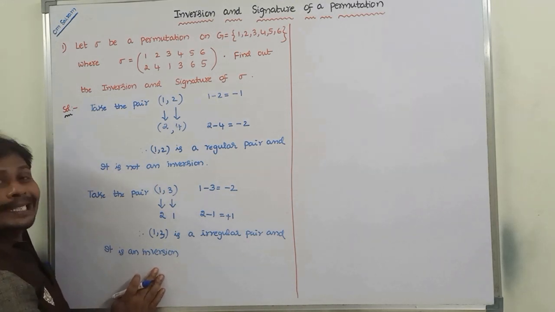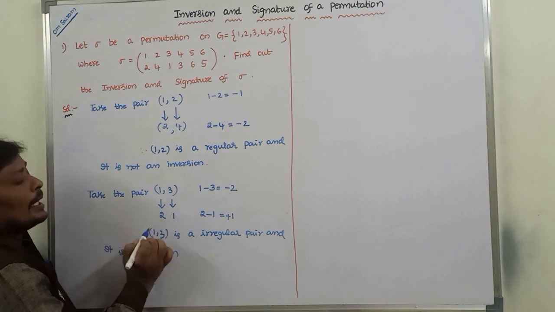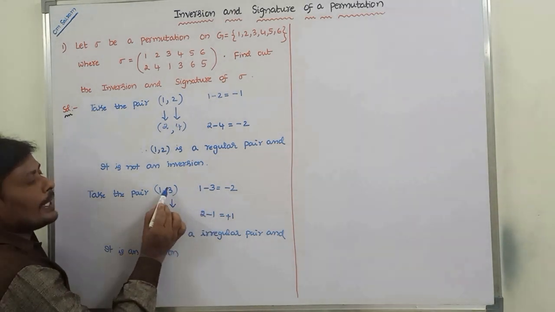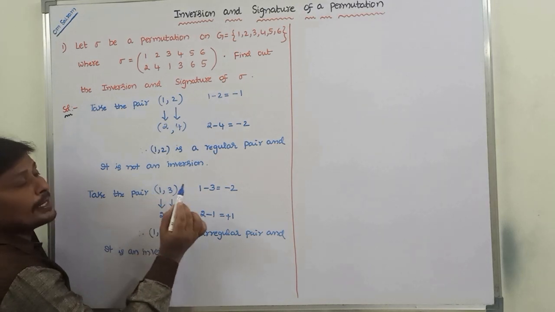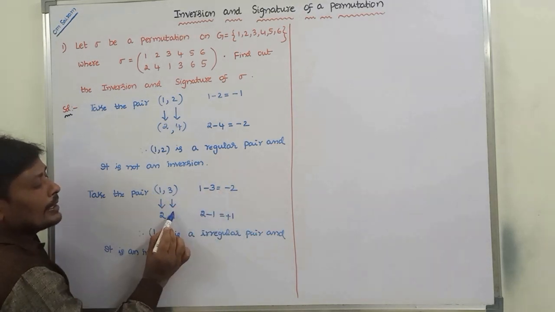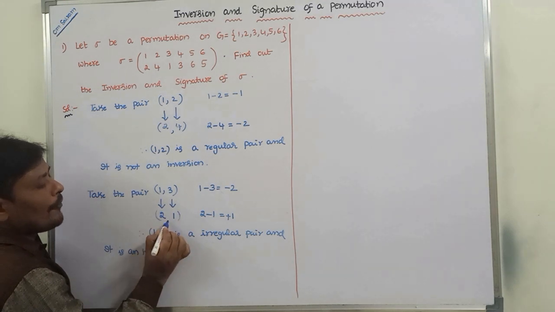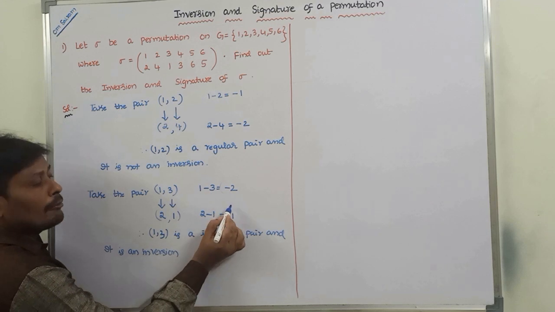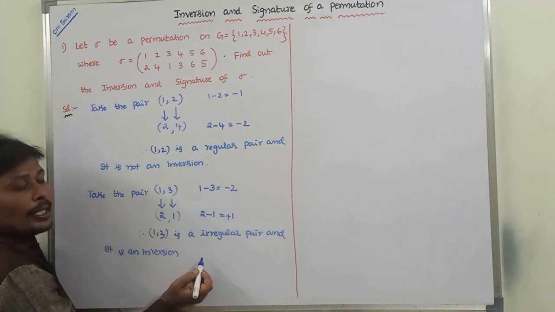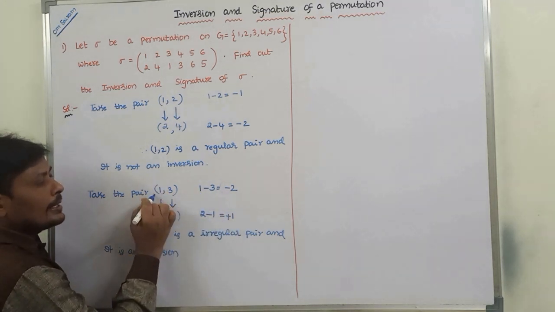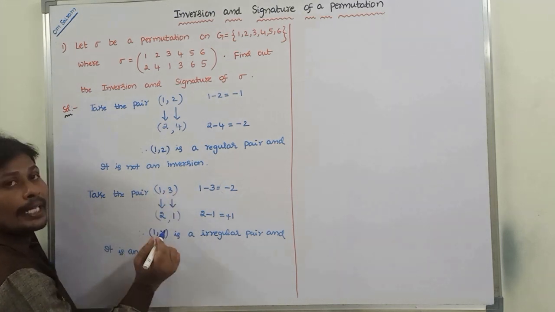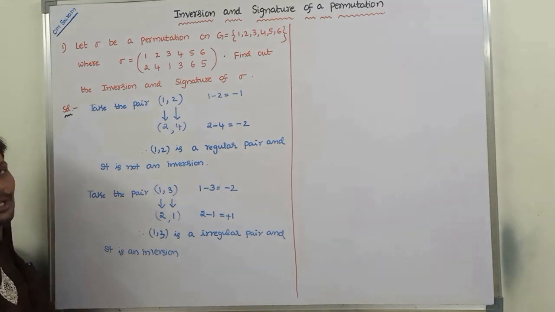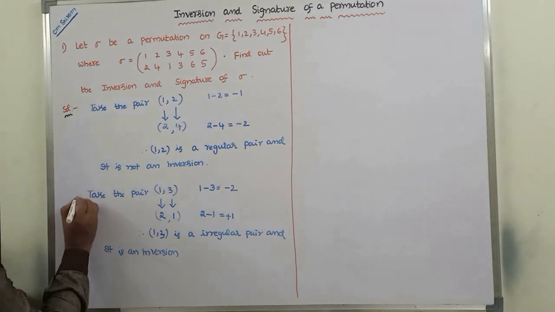Since one result is negative and one is positive, the pair 1,3 is an irregular pair and it is called an inversion.